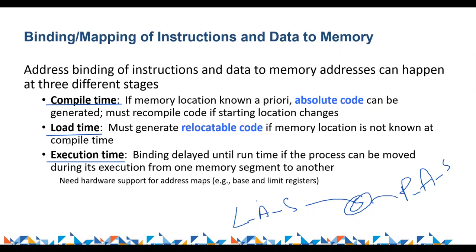So dear students, the mapping or memory binding is possible at three stages. When a program is compiled and run, the memory addresses will be mapped when it is going to load, or maybe at execution time. If you are good in the programming concept, then you can easily understand compile time, because compile time is related to programming, okay?